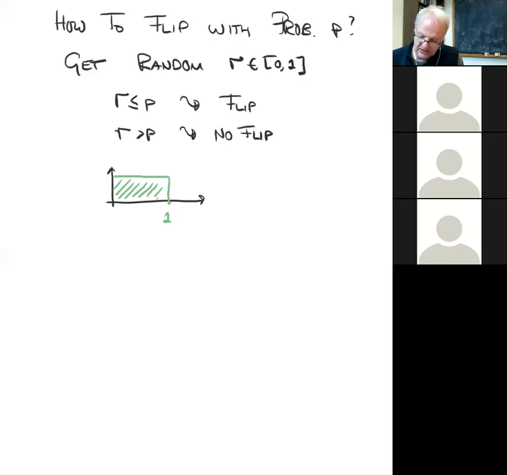And now you got an actual number R. So then what is the likelihood that this number R was between 0 and P? Well, it's this area, which is just a fraction P of the interval from 0 to 1. So by using this algorithm, you ensure that in the long run, you flip with the right probability.